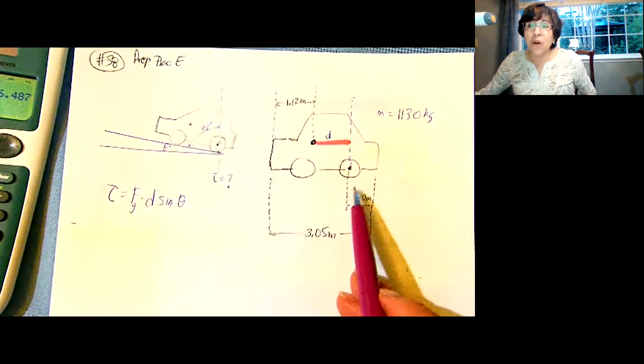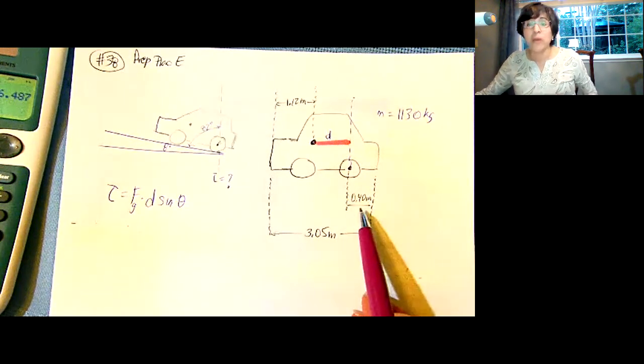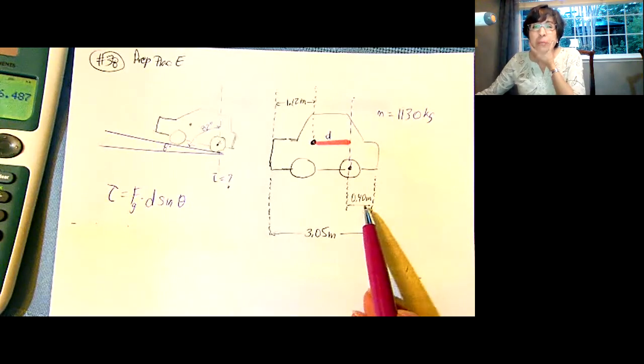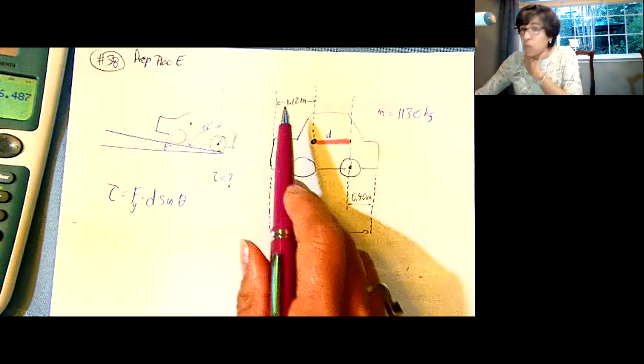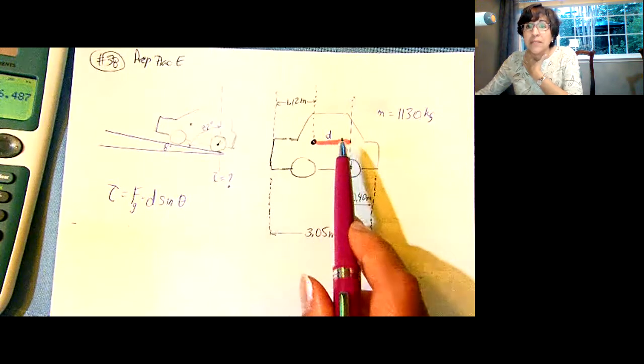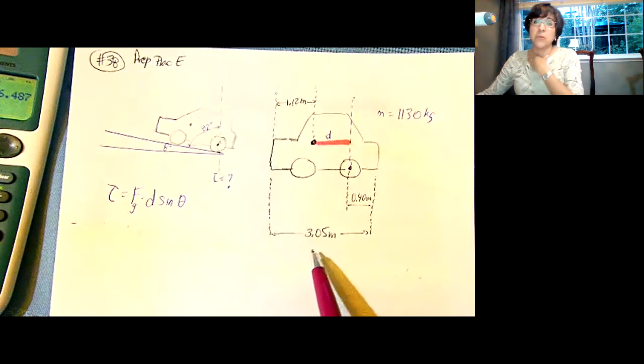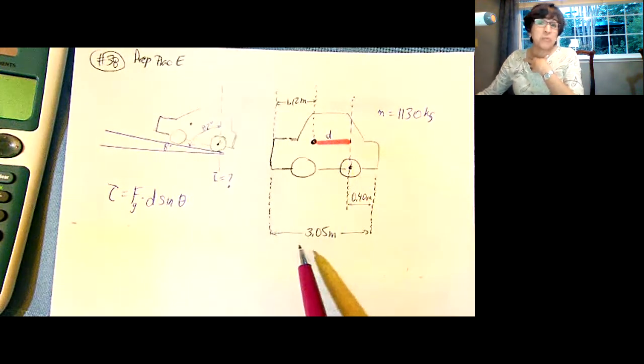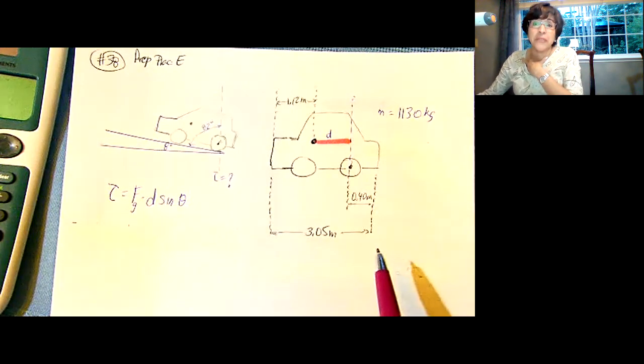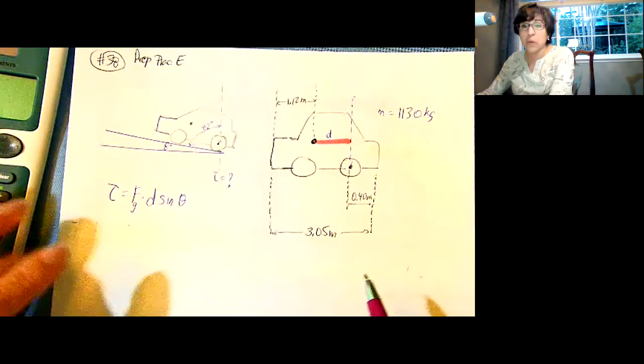And from D to the back end is 0.4. You look at the picture and hopefully you can realize that 1.12 plus D plus 0.4 is equal to 3.05. So I just have to add these two up and subtract it from 3.05 to figure out D, or however you want to figure that out.